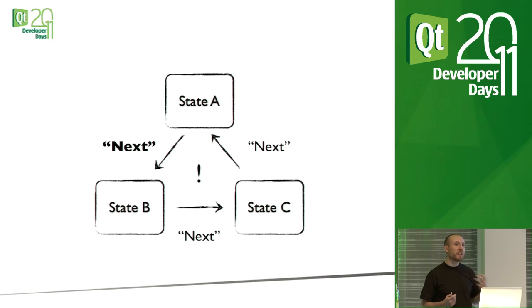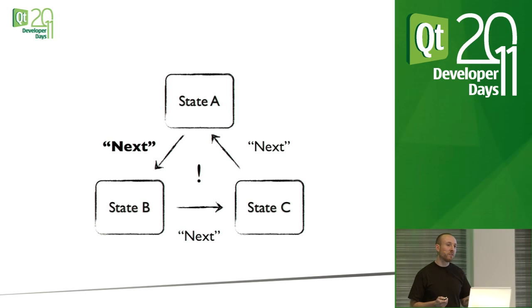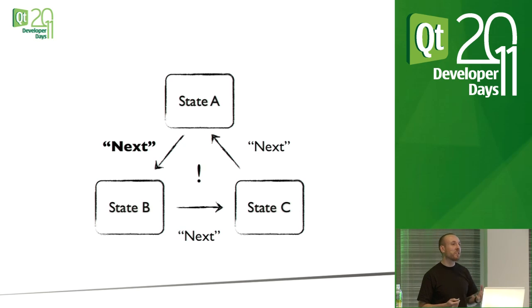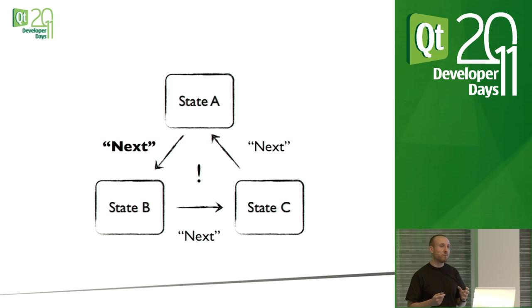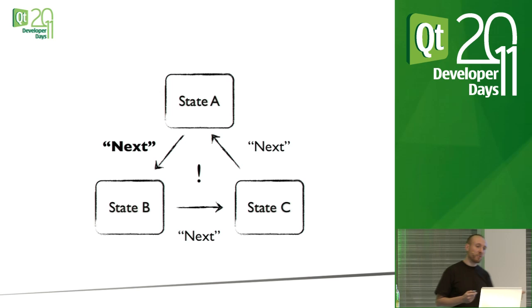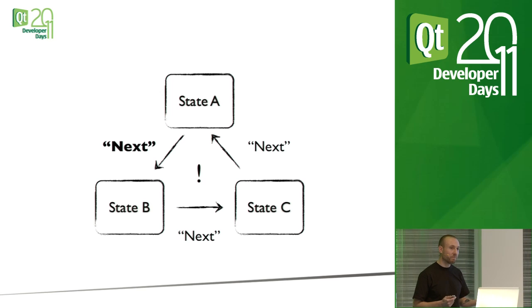And this is where the Q state machine framework comes in, because there it's very well defined when you move from a state to another state, what conditions are involved. Say you're moving from state A to state B when the next signal is emitted.